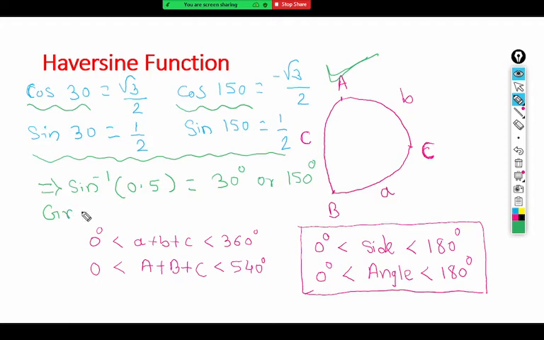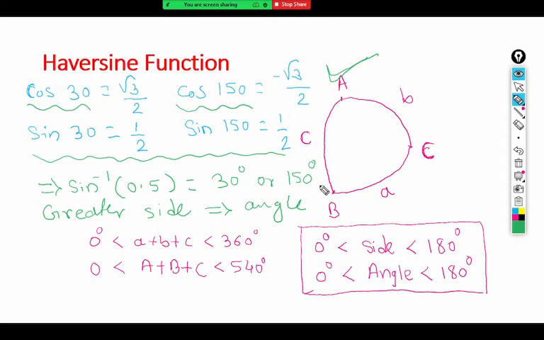Correct. So greater side has a greater angle. This is the property that can be used to solve the ambiguity of the sine function.